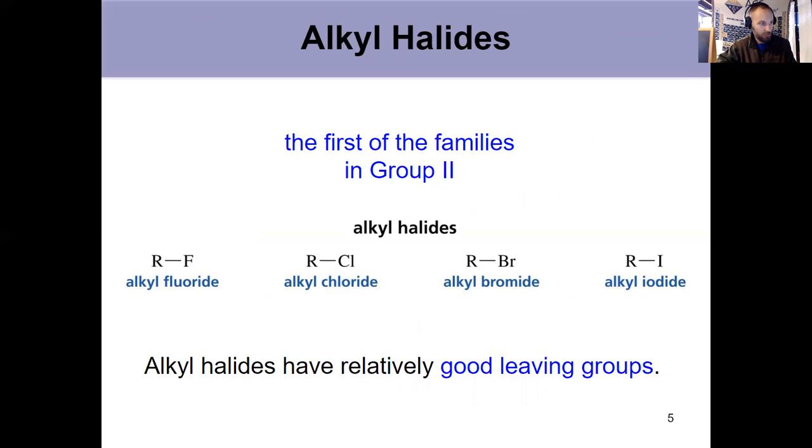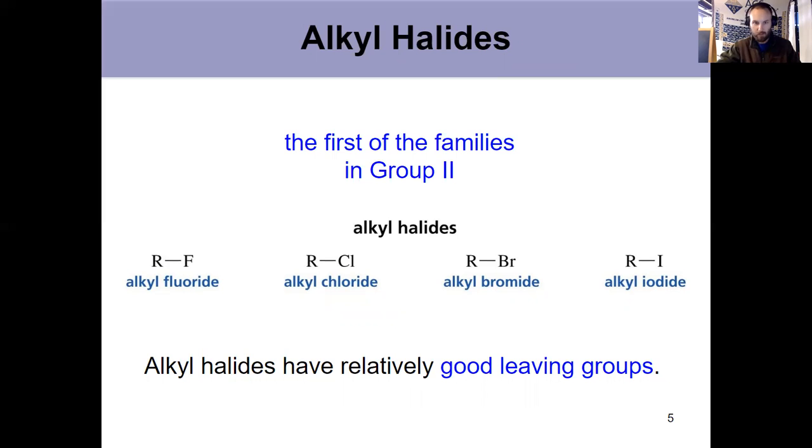And in this case, we just have a single atom, fluoride, chloride, bromide, or iodide. Any one of those halogens can be a good leaving group. And this is useful. Alkyl halides are really common in organics because they have a propensity for these substitution and elimination reactions. And that permits you to quickly convert an alkyl halide to a different functional group.